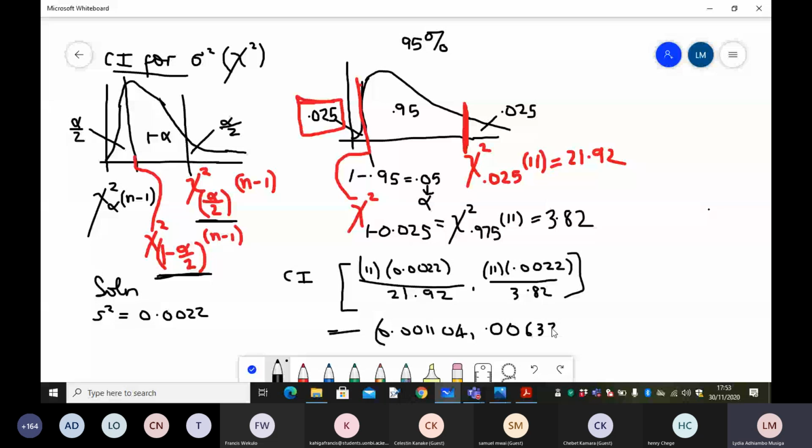So we can be 95% confident that the variance of the data set is somewhere between 0.001104 and 0.00633.